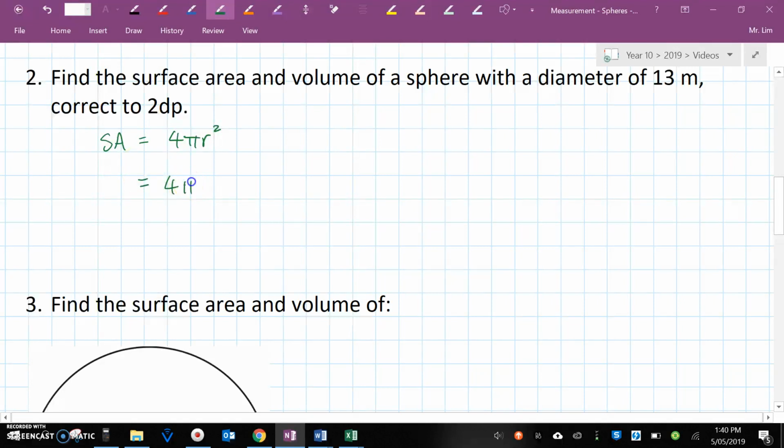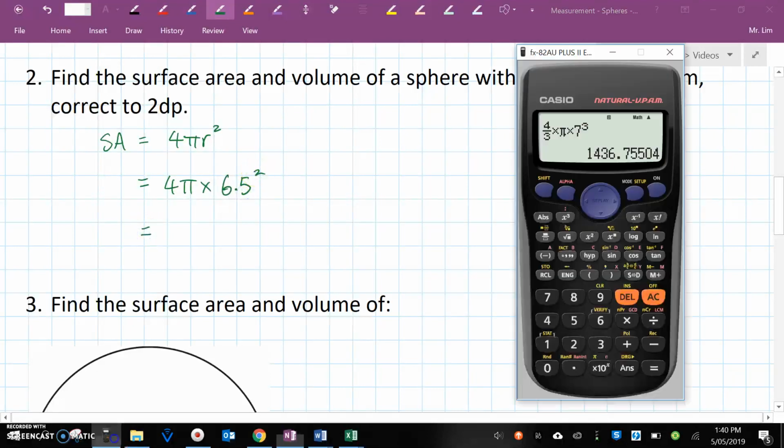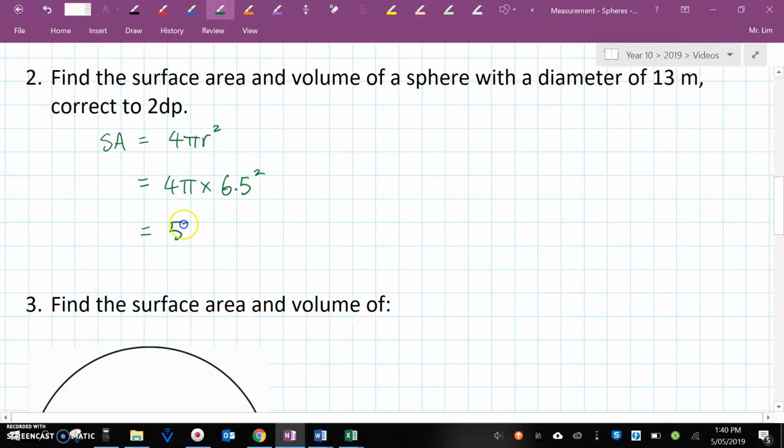So the surface area is 4 pi times half the diameter, which is 6.5, because that's what the radius is, squared. So when we put that in our calculator, 4 pi times 6.5 squared, we get 530.93 meters squared.